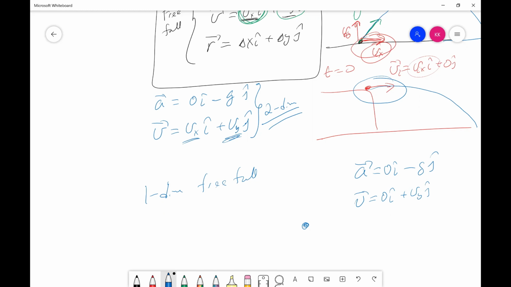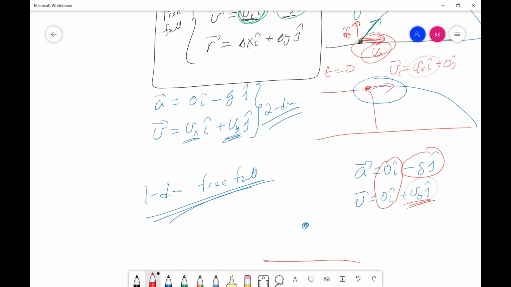Okay. That means one-dimensional free fall when those two are 0. Which means that there is a vertical acceleration due to Earth's gravity, right? And then the object either will have initial velocity or will not, but there will be some velocity in the y direction.